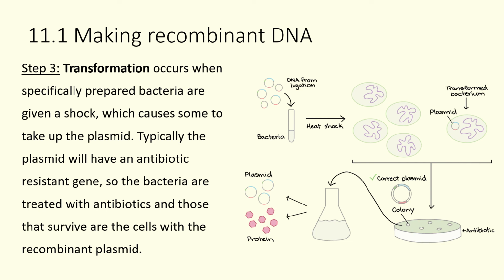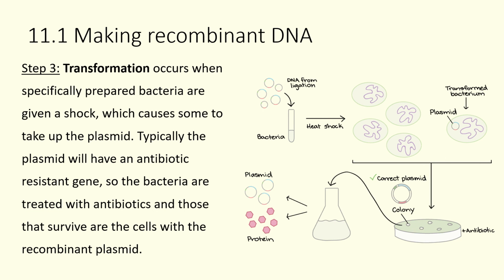So what we typically do as well with this is we not just give them the actual gene we want them to have, we can also put in an antibiotic resistant gene, which helps us later down the line.